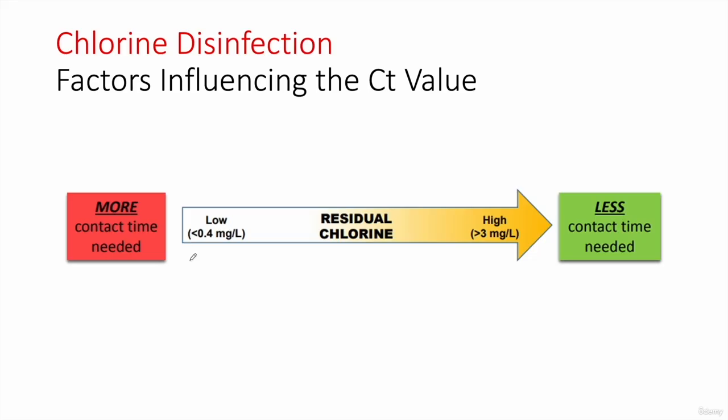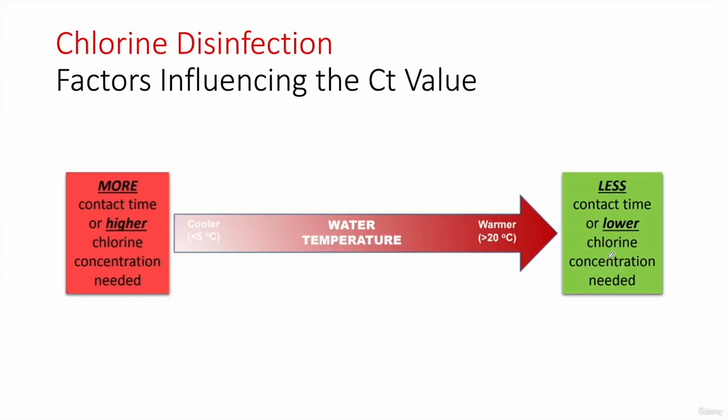Now next, we will see what are the factors influencing the CT value. First, the residual chlorine. The higher is this residual chlorine, the less contact time will be needed. But also, as we have already said, we have to pay attention to the rules and regulations and the water's palatability.